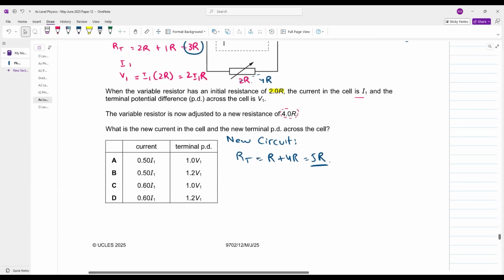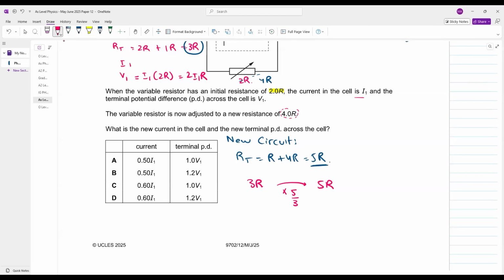Now you have jumped from a resistance of 3R to a resistance of 5R. By what factor has your resistance increased? Your resistance has increased by a factor of 5/3. रेजिस्टेंस को अगर 5/3 के factor से multiply कर देंगे तो you will get the new resistance, that is 5R.